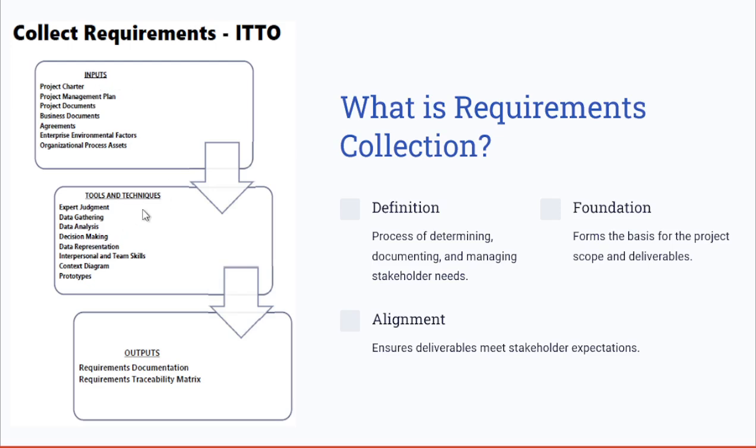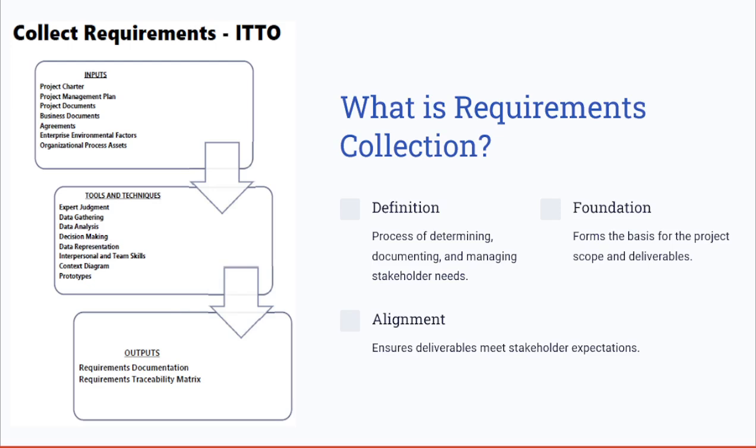The tools and techniques that you need to use when collecting the requirements, since it's a very critical step, you need to ensure that you are doing it accurately. So you need to look at tools like expert judgment, data gathering, data analysis, decision making, and also some data presentation to break down the ideas.